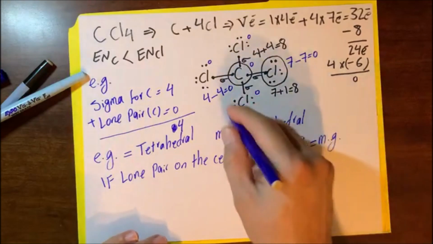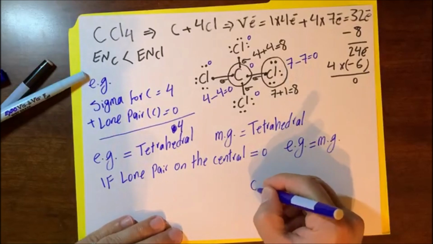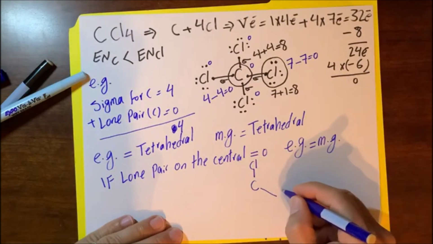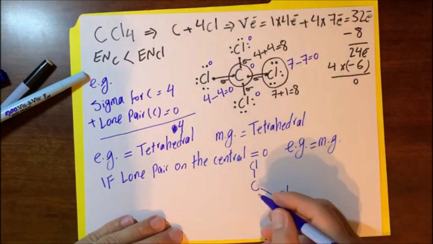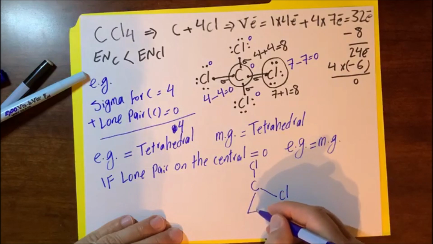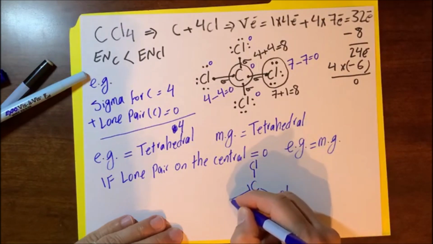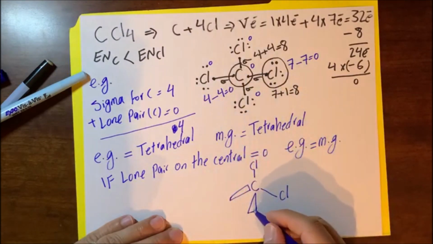The way we show this one in 3D, here is carbon, we have one chlorine, and the second one will be inside the plane. The third one is pointing out of the plane, and the fourth one is back of the plane, this is the screen.